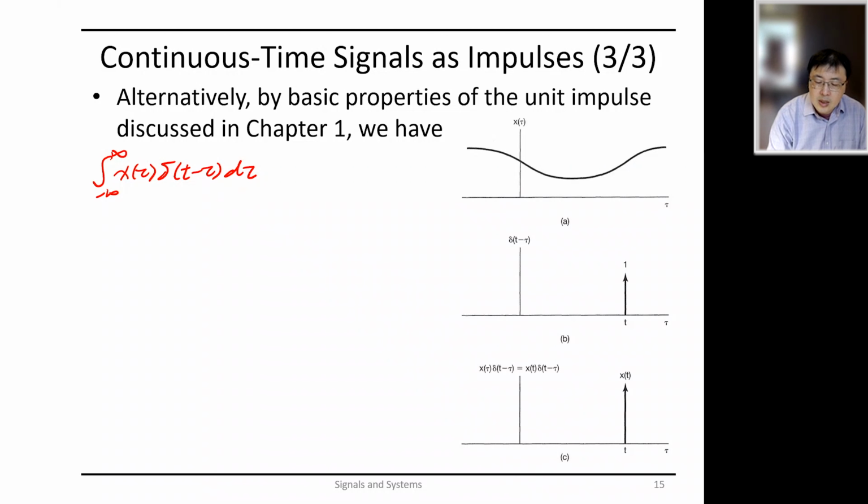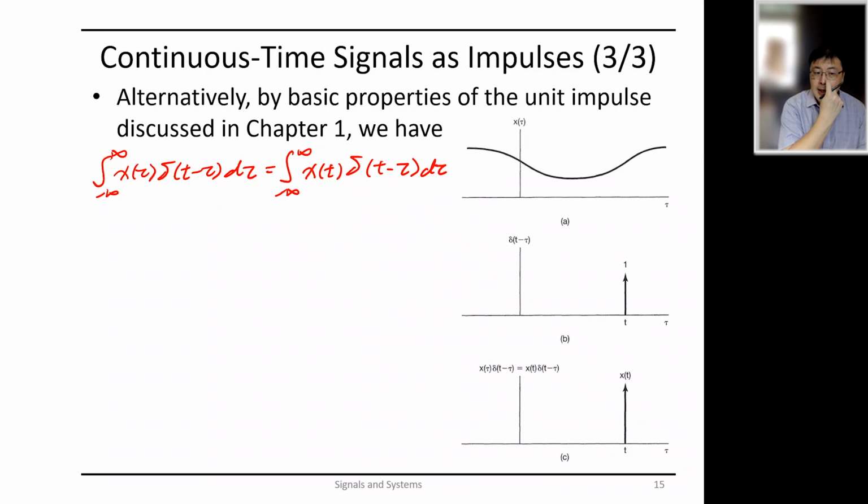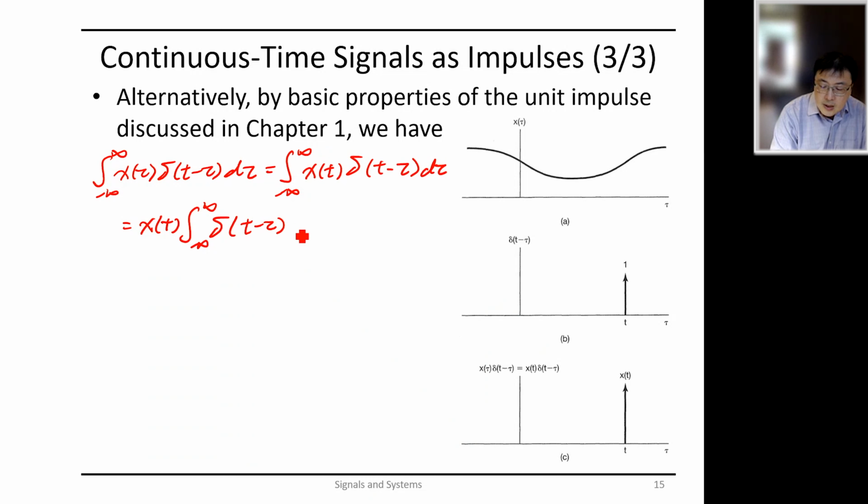So this integral should be equal to the integral of the value of x at time t times delta of t minus tau d tau. And because t has nothing to do with tau, I can bring x of t outside. So this gives me x of t times the integral of delta of t minus tau d tau.